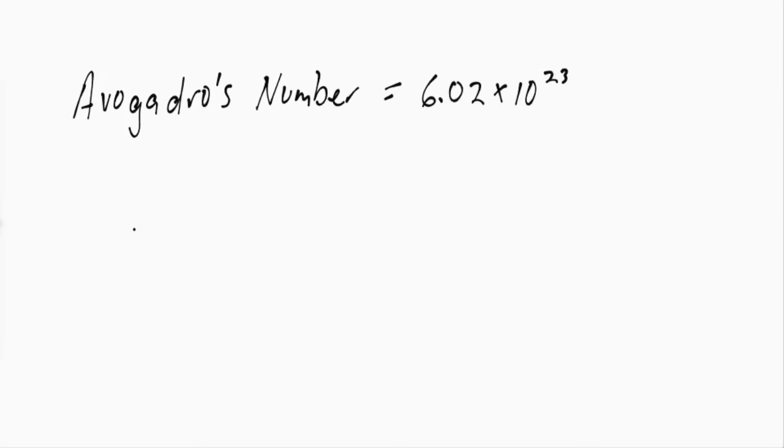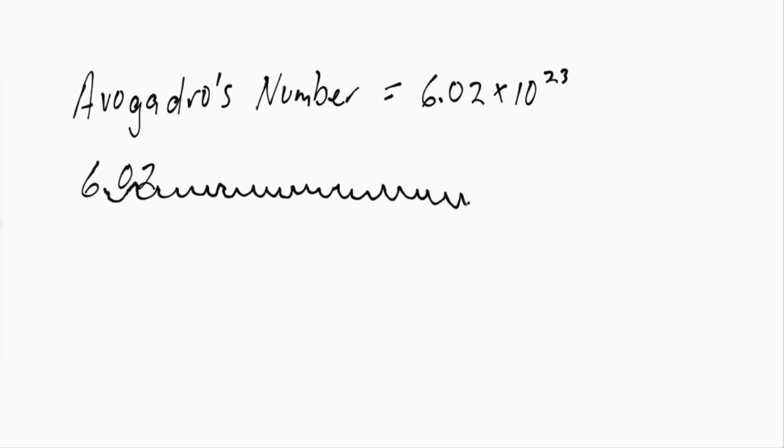So, can you convert that number into a conventional number? You might remember from our scientific notation unit, you just write this and then you move the decimal to the right 23 times. So let's do it. 1, here we go. 2, 3, 4, 5, 6, 7, 8, 9, 10, 11, 12, 13, 14, 15, 16, 17, 18, 19, 20, 21, 22, 23.